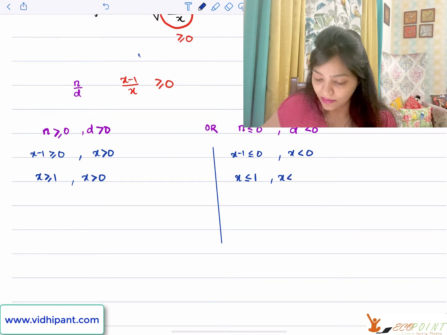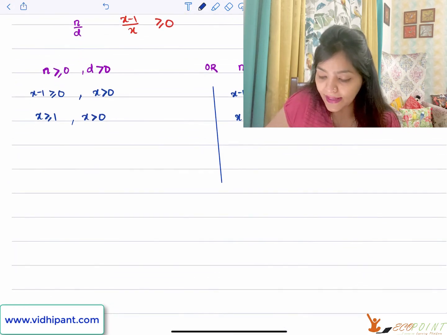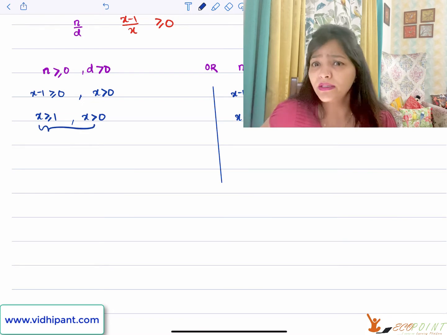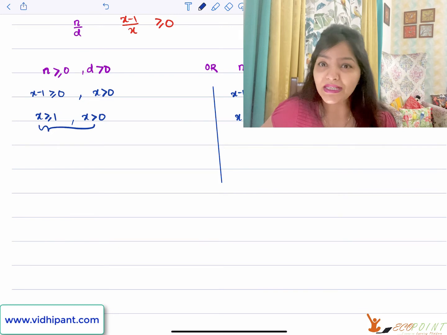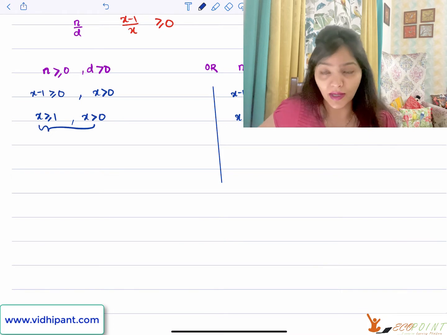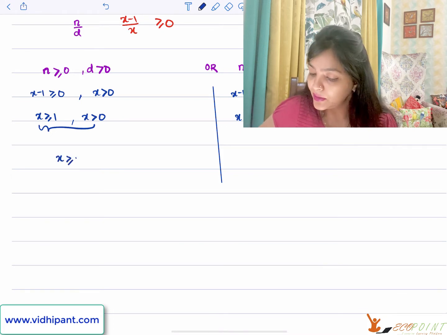So what kind of numbers will satisfy that the number is more than or equal to 1, and it's also greater than 0? All the numbers which are more than or equal to 1 will automatically satisfy being more than 0, right? So what you get from here is x is greater than or equal to 1. And what kind of numbers will satisfy that they're less than or equal to 1 and less than 0?